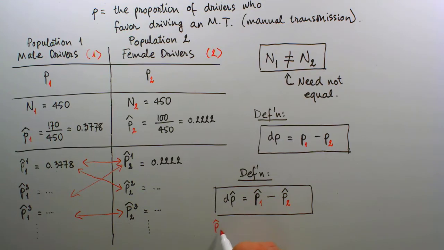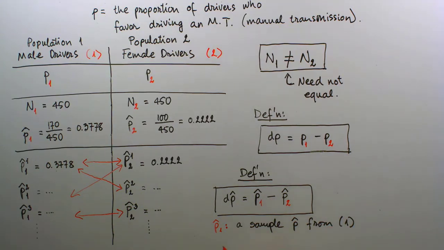So p hat 1 in this definition is a sample proportion from, importantly, population 1. But focus, pay attention to my words over here. I'm saying a sample or any sample. So p hat 1 here just generally represents any sample proportion from population 1.